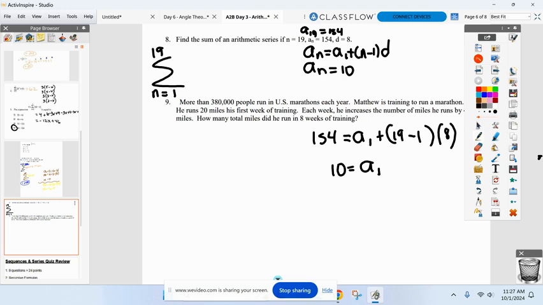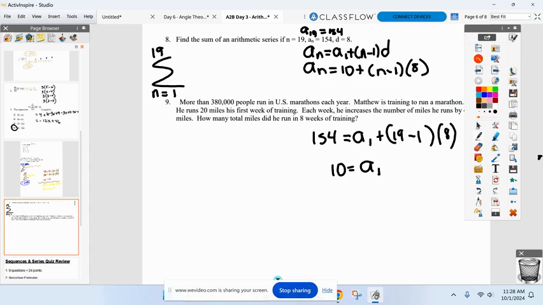What are you plugging in for the next n? Nothing. Thank you. N stays n, everyone. N stays n when you write this equation. Anytime you're asked for the equation for the nth term, n stays n, and clean it up.